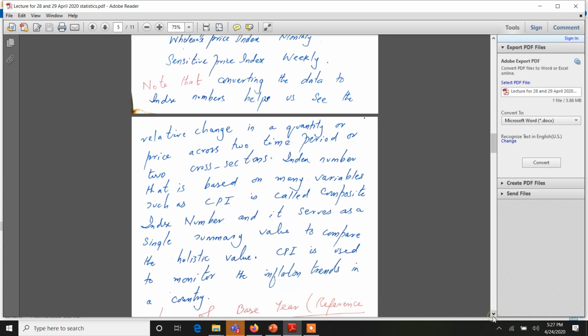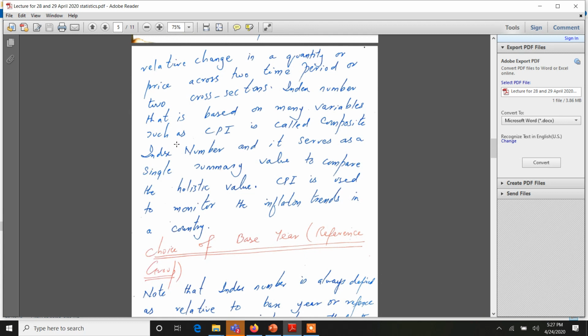An index number that is based on many variables, such as CPI, is called a composite index number, because CPI is based on the prices of 487 commodities. So it is based on many variables. That's why we call it a composite index number. So the consumer price index is a composite index number that is used to monitor inflation trends in a country.